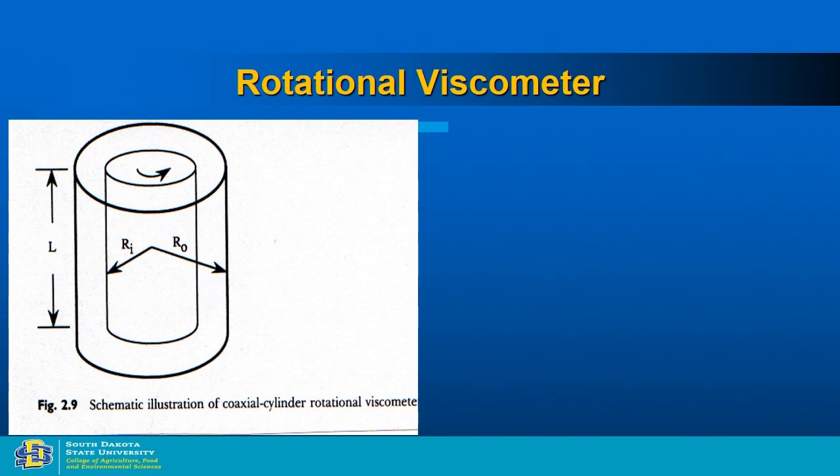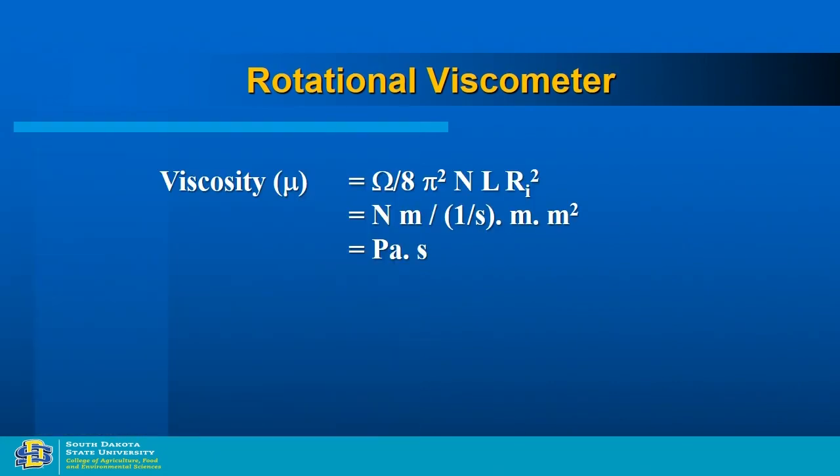So basically, when you rotate the bob, the resistance offered by the sample will be recorded as a torque, and based upon the radius and height of the cylinder, you can calculate the viscosity, and the viscosity is a function of torque.